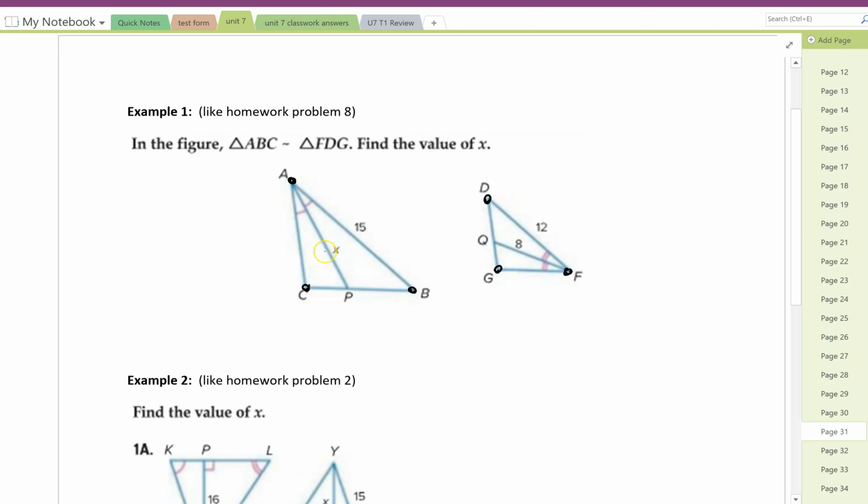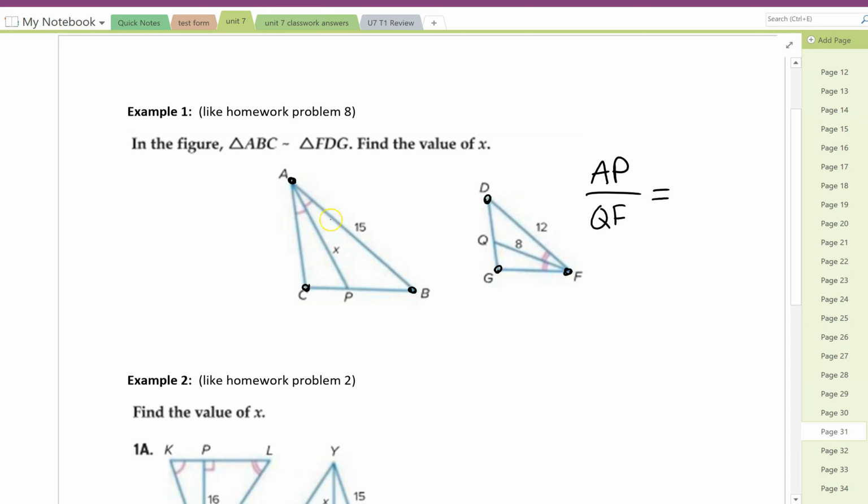X is an angle bisector, as is this QF here, which is 8. And so the ratio between the angle bisector on the big triangle, which is AP, and the angle bisector on the small triangle, which is QF, has to be the same as the ratio between corresponding sides on the triangle.